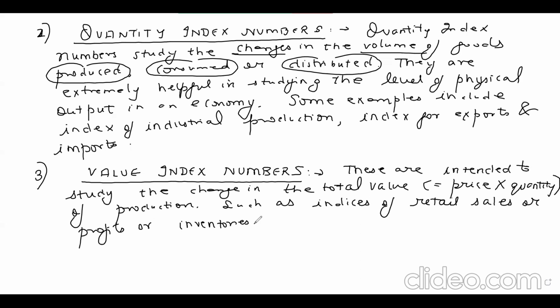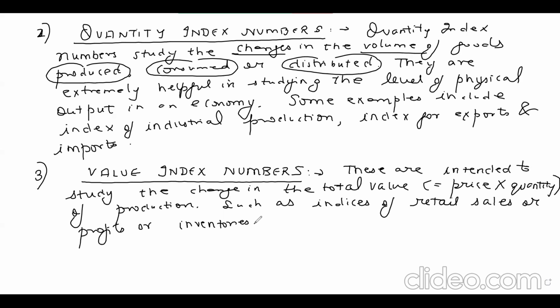So value index numbers are different from price and quantity index numbers because these are going to capture what is the change in the total value of production. For example, what has been the change in the value of sales from the base to the current year? What has been the change in the profits from the base to the current year? What has been the change in the value of inventories from the base to the current year? Will be captured by value index numbers.